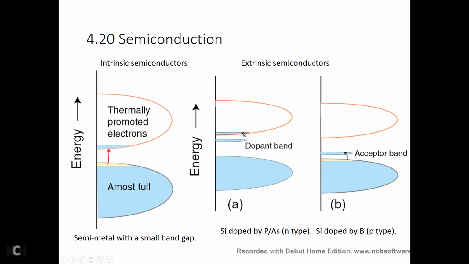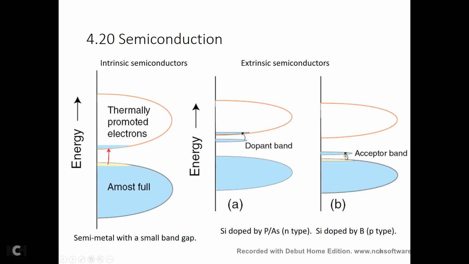And similarly, we can introduce boron into pure silicon. A boron atom has only 3 valence electrons, one less than silicon, and therefore we have an additional acceptor band. So this is actually unfilled orbitals from the boron atoms.